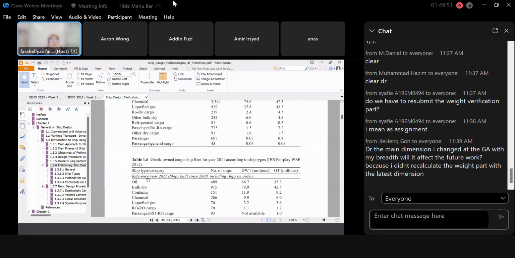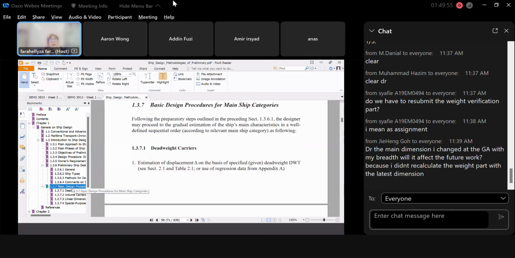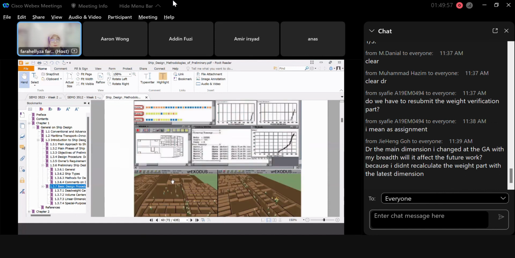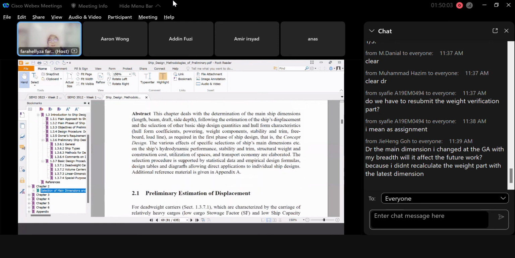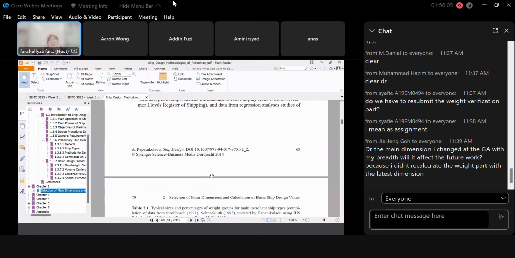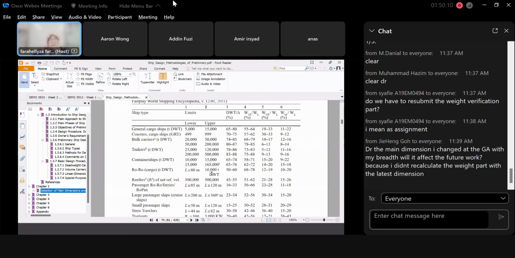Okay. Yeah, Go. I cannot remember which part it is. I think it's chapter 2. Yeah, there are selection of main dimension and calculations. Okay, so basically this is some reference. Typically, this is the reference that your friends from SEMO used last time. So there is a DWT over displacement ratio here.